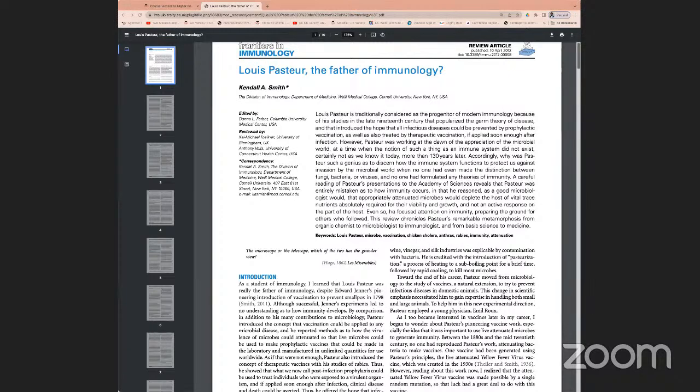So when we look at, say, for example, the work which was done by Robert Koch and Louis Pasteur, Robert Koch essentially was pivotal in developing and validating the germ theory in the 19th century.